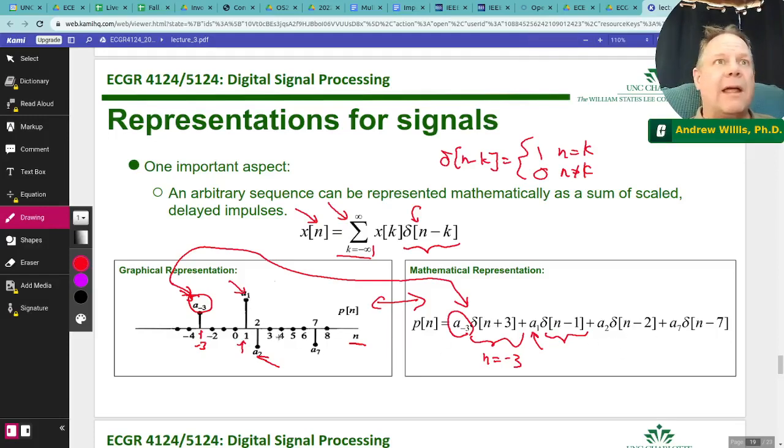And so we can write out any signal as an infinite sum of delta functions, where the value of the signal for each index of n is taken as the coefficient, and the index where that value occurs is taken as the delay value of the delta function. So a2 occurs at n equals 2, so n minus 2 here is the location on the axis.